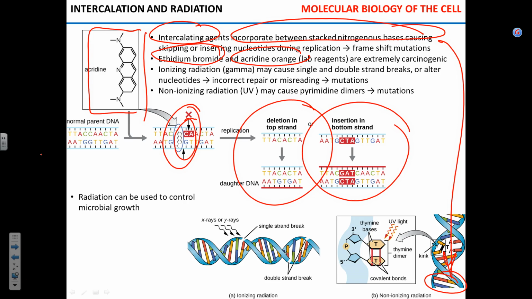There are two major types: ionizing and non-ionizing radiation. Ionizing radiation may cause strand breaks. A single strand break is fairly easy to fix, as you can imagine, because this break is going to be detected by the system of repair enzymes that will cut the piece of the DNA out and replace it based on the unchanged complementary strand.